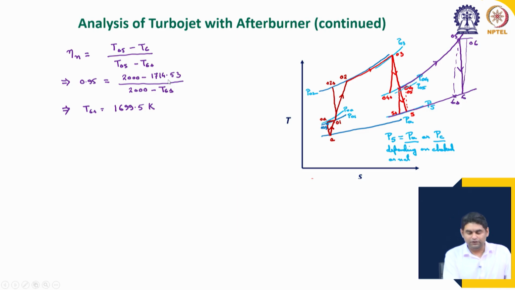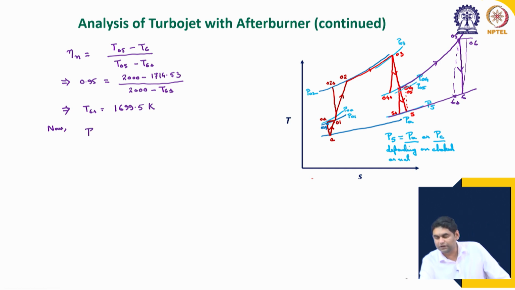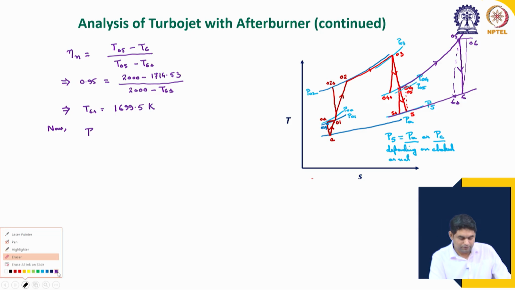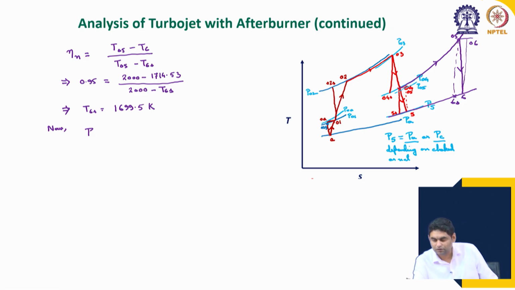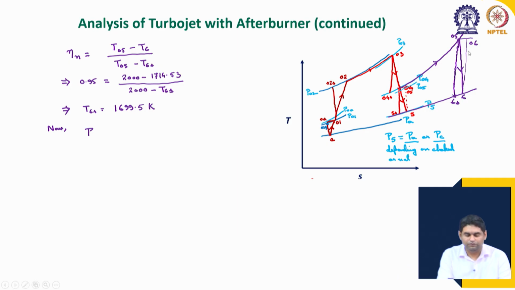Once we have T6s, we can calculate the pressure P6 using the isentropic relation between point 5 and 6s. At 6s also the pressure is equal to P6.